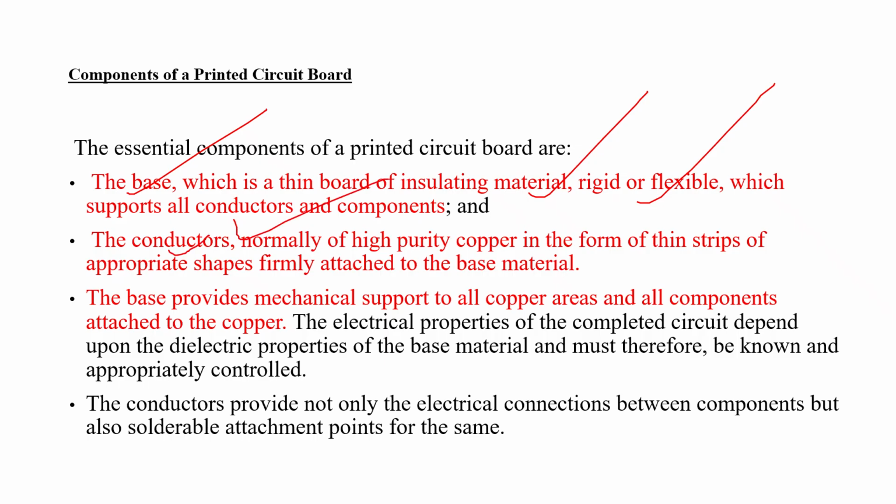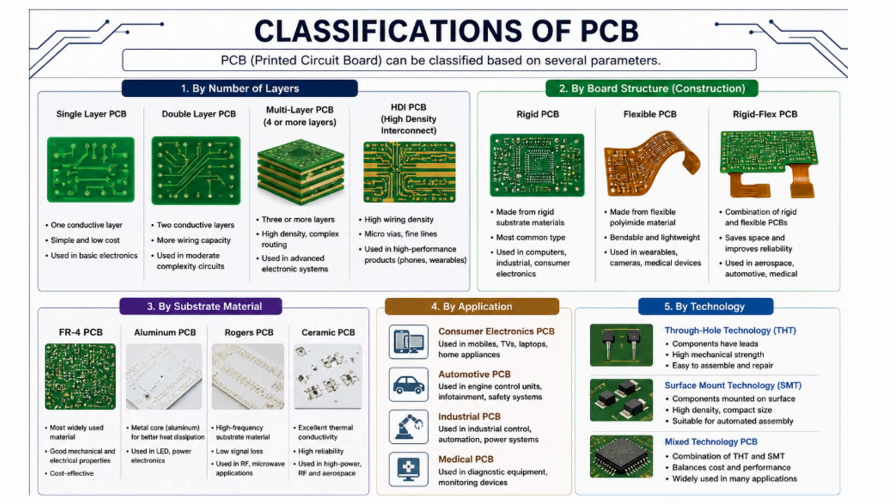Conductor is very important because, apart from the base, the conductor will provide the connection among all the components. In a breadboard also, copper wire is inside the breadboard to provide the connection. Here also you are going to provide the copper-based connection, which is high purity copper material. Then the base provides the mechanical support to all copper areas attached to it. So these are the basic components.